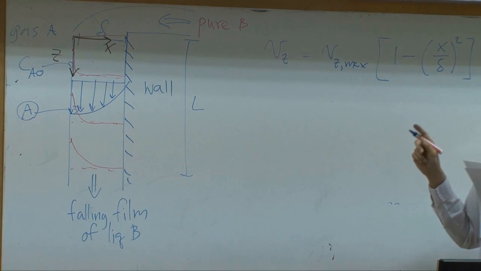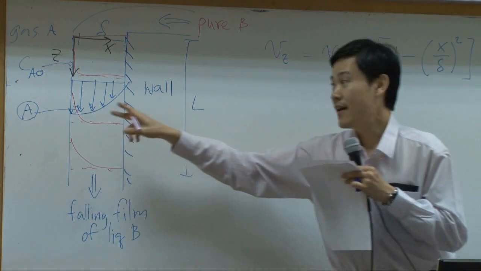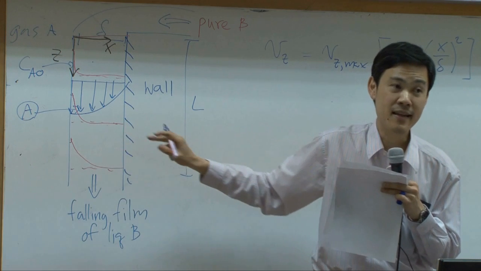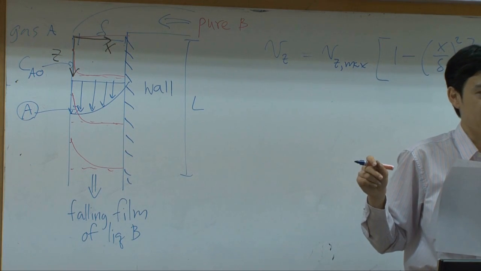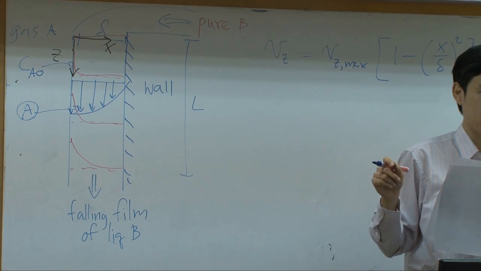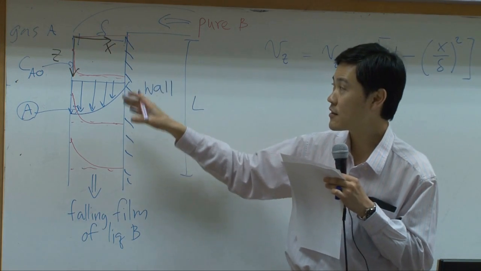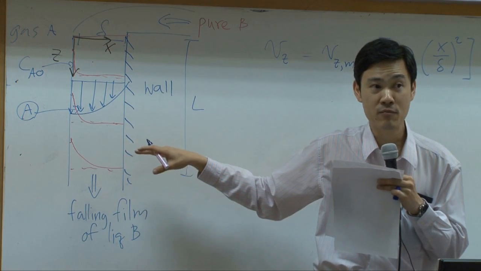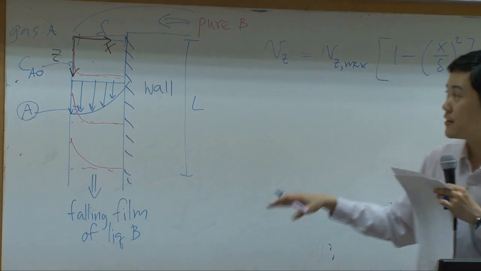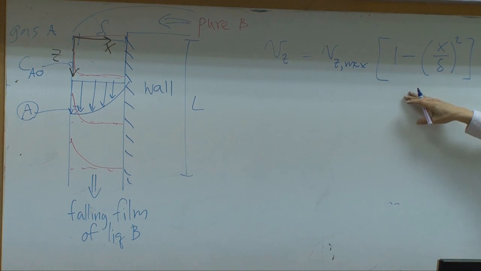So if you assume that dissolving of A into liquid B does not change viscosity of the system much, or does not change density of the liquid, liquid density and viscosity can be treated or assumed to be constant along the direction Z. Then you still can get this velocity profile.